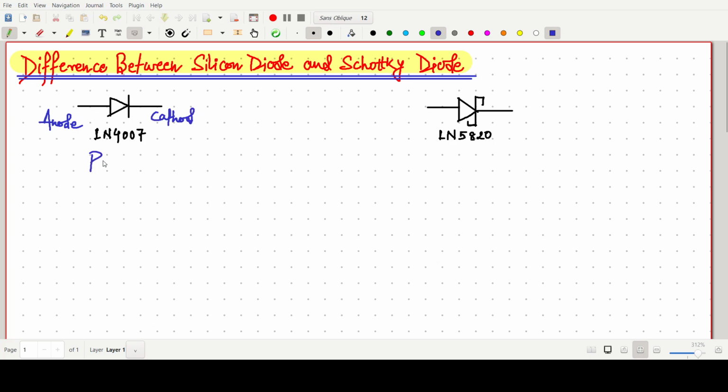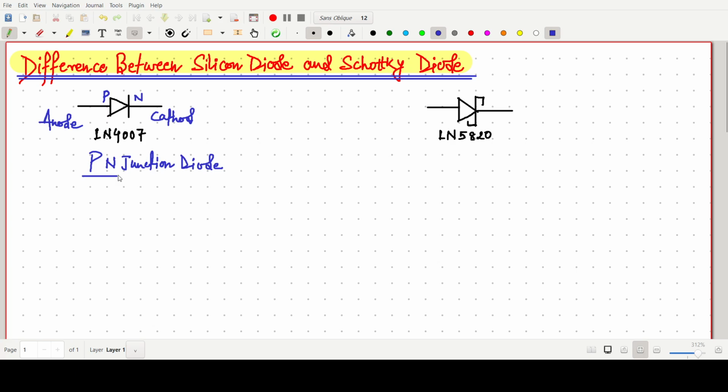This is our PN junction diode, which we can also call a semiconductor-based diode.